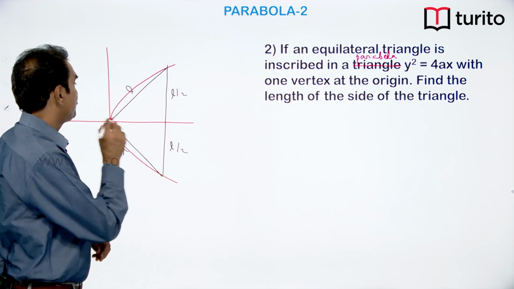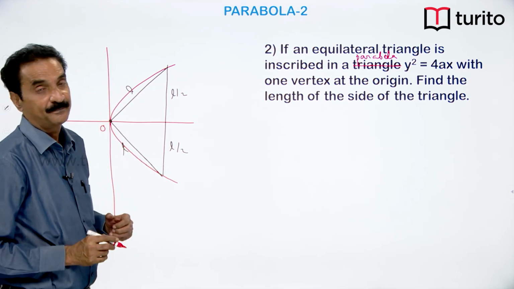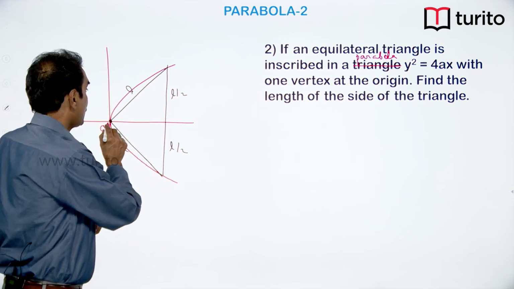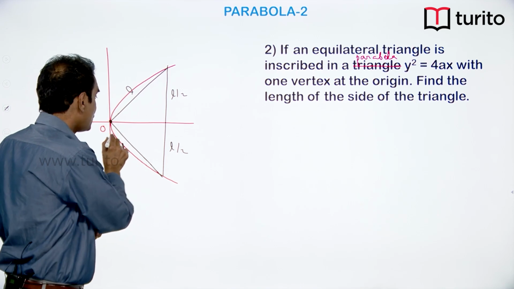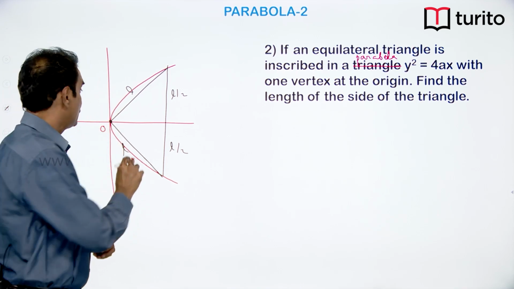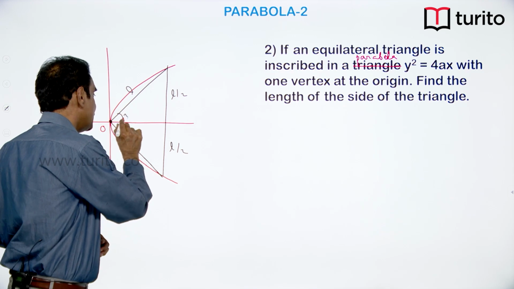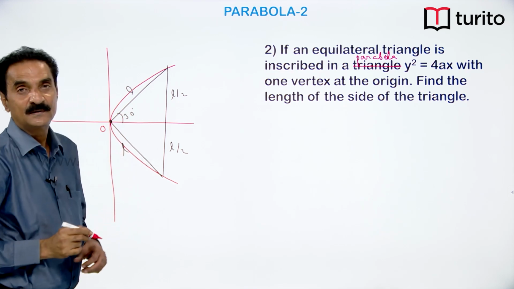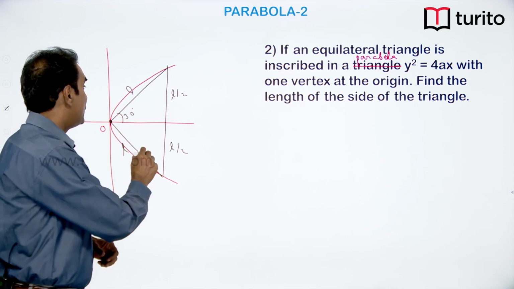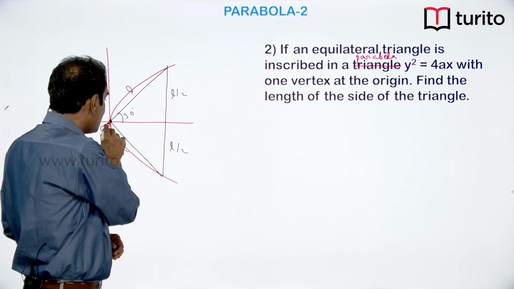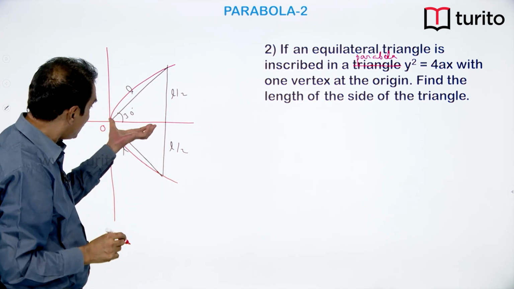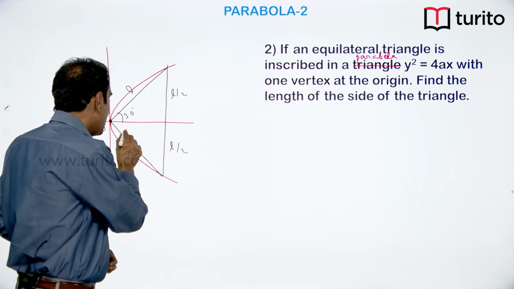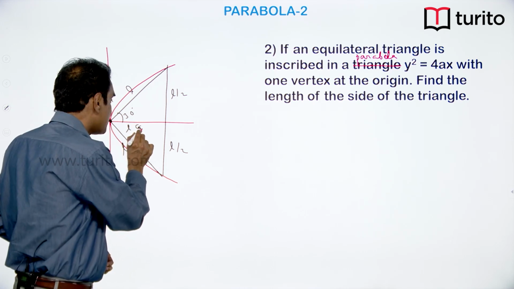Then how to find L? We know that this total angle is 60 degrees. So, this angle is 30 degrees. Is it not? Then if this is L, this angle is 30, what is this adjacent side? It will be L cos 30 degrees.